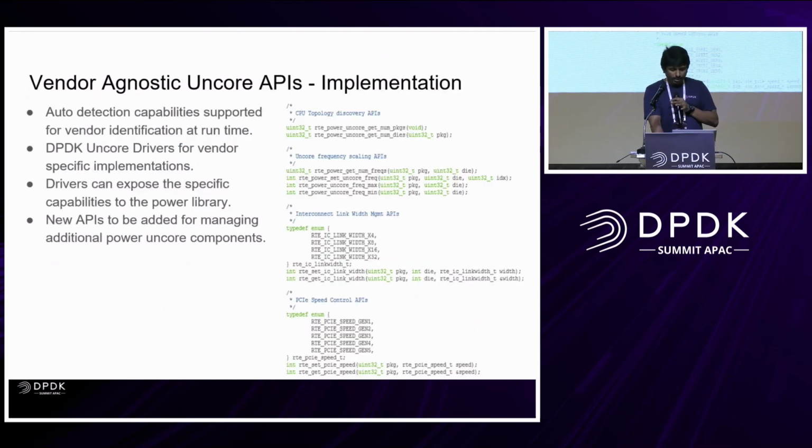Some of the Uncore APIs that we propose, just before arriving at this, we explored different approaches. Something like, can we abstract these things at the driver level and provide a generic frequency level or performance level API? Each vendor can advertise the various performance levels that it can support, from the highest performance level to the lowest.